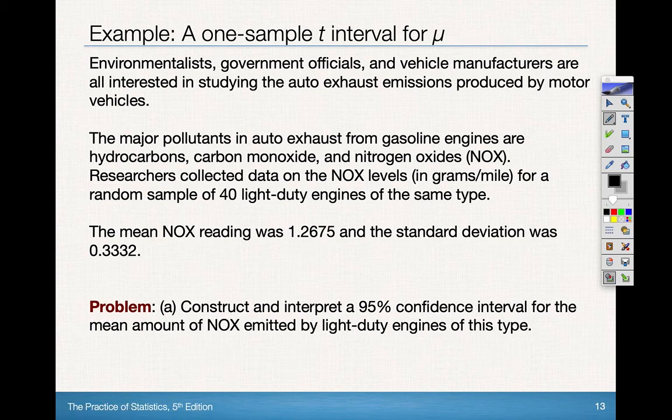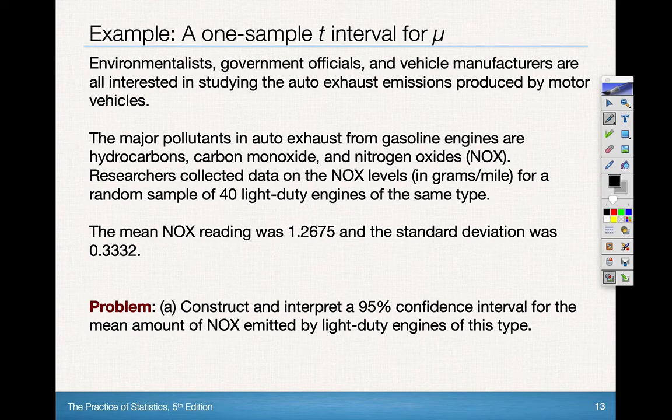Environmentalists, government officials, and vehicle manufacturers are all interested in studying the auto exhaust emissions produced by motor vehicles. The major pollutants in auto exhaust from gasoline engines are hydrocarbons, carbon monoxide, nitrogen oxides.